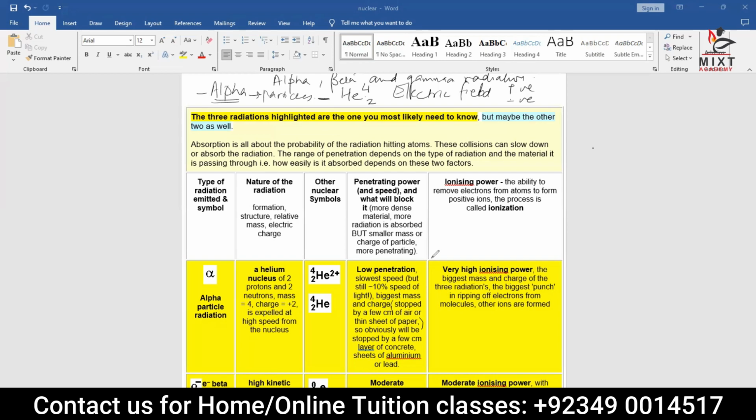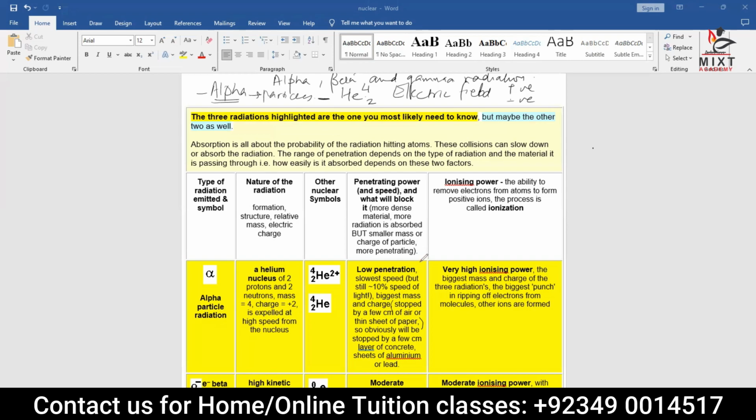Alpha particles being the largest mass and charge have the highest ionizing power as compared to beta and gamma radiations. Continue further.